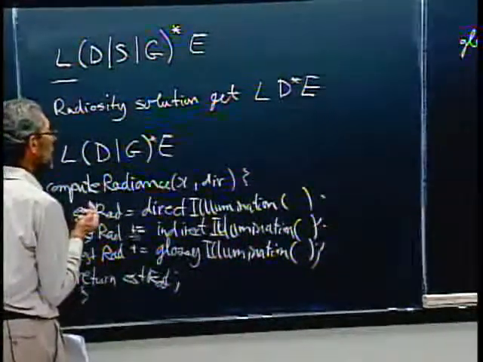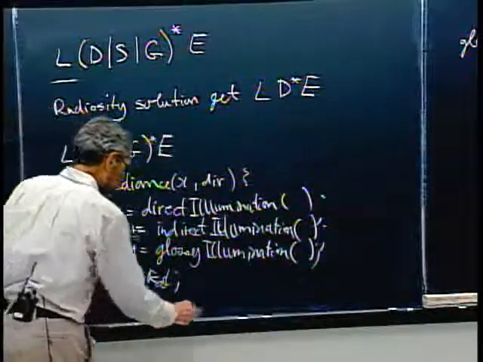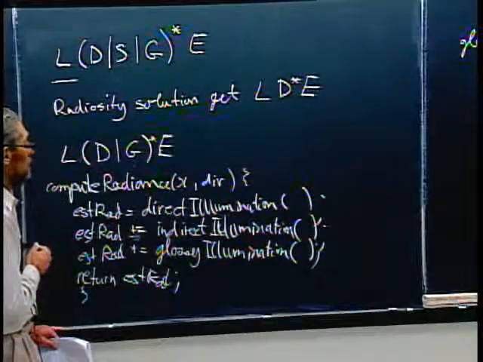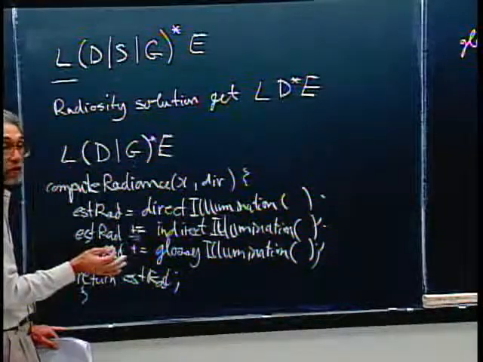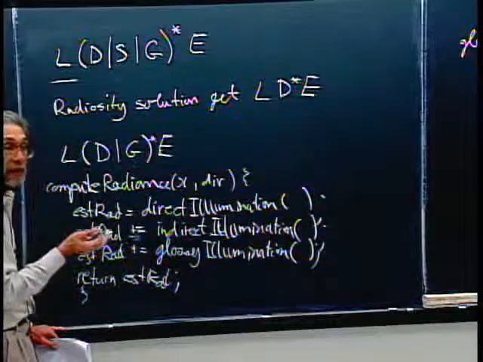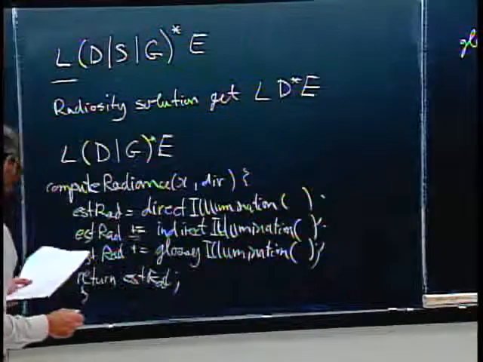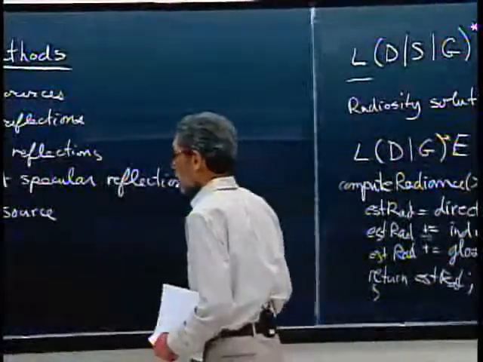But the thing we won't get well is, first of all, it'll take us a long time. And second of all, we won't get the caustics from the light sources refracting or reflecting through shiny objects or glass bottles or whatever. So the method of weighted ray tracing, let me just give summaries of other methods.